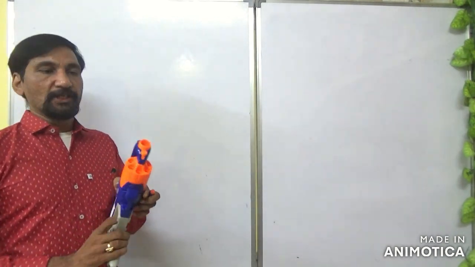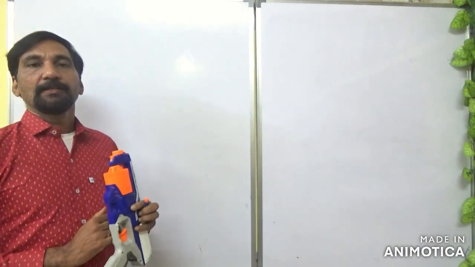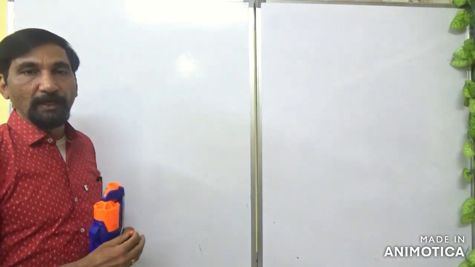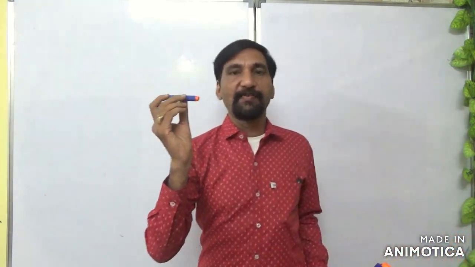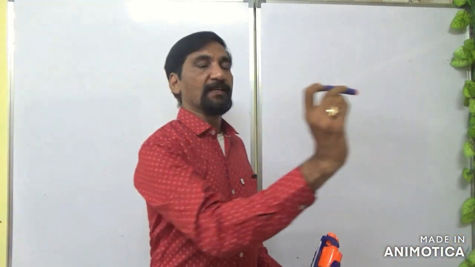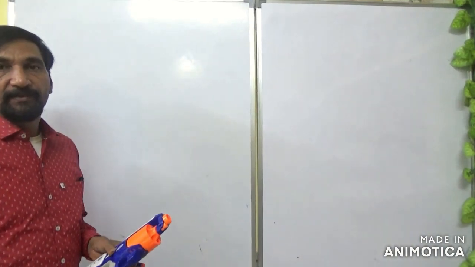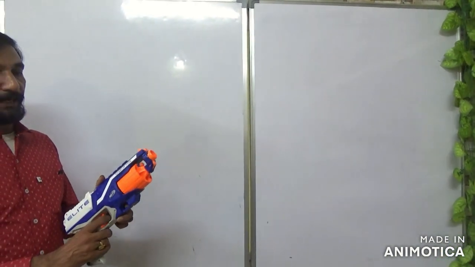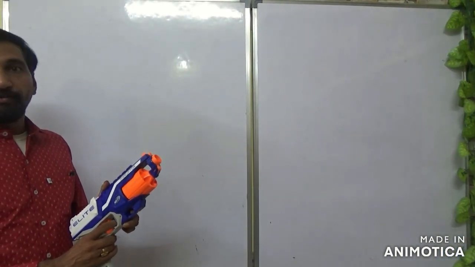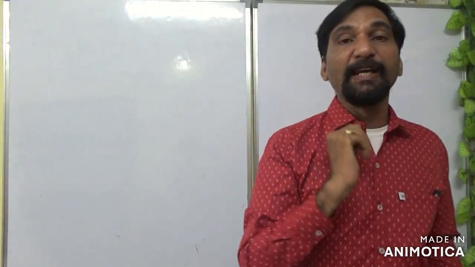Suppose you have been given a problem. There is one machine gun that fires 360 bullets per minute. Each bullet has a mass of 5 grams, traveling at 600 meters per second. You want to know the power of the gun. So this is one machine gun, from which 360 bullets are fired per minute.